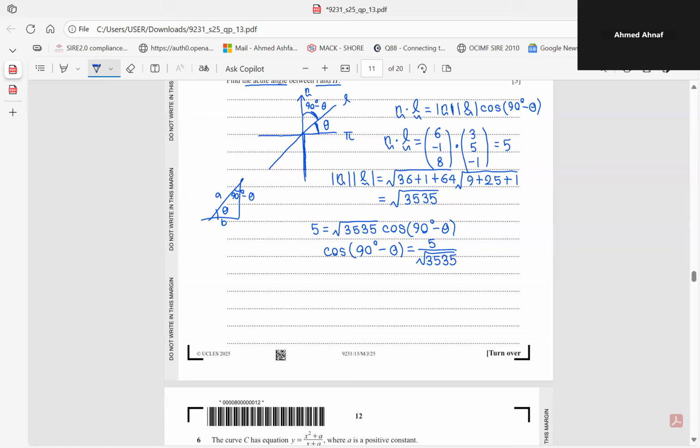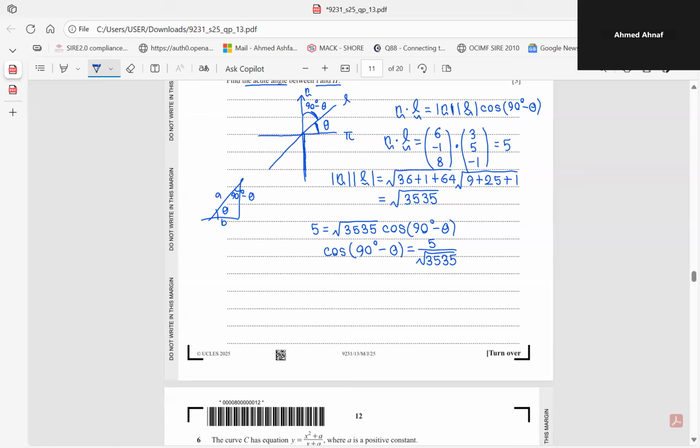It's also equal to sine theta, C over A. So we can write this as sine theta equals 5 over square root 3535.